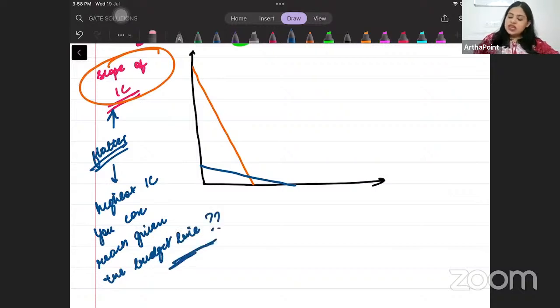So beta, if you see ये वाला जो IC है जो मैंने blue line से draw किया है, it cuts the budget line.